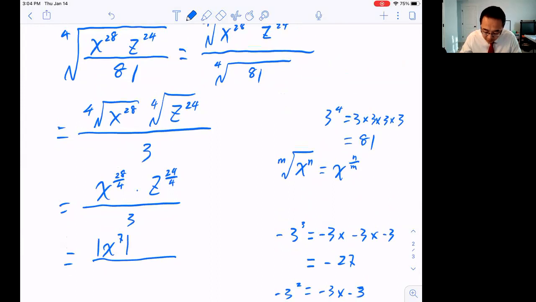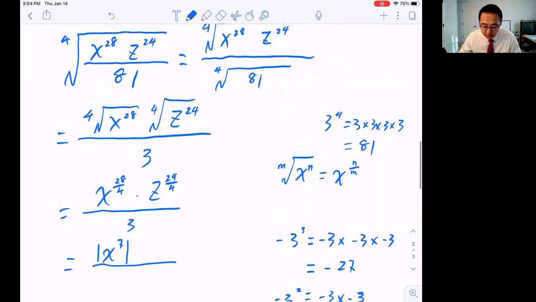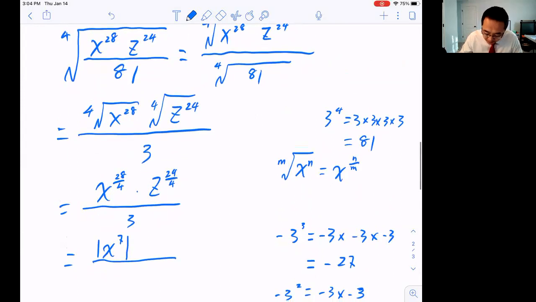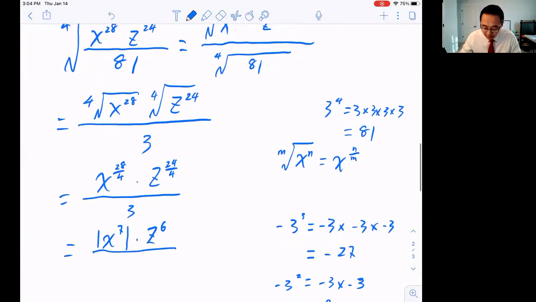To make sure you're completely accurate, you have to put an absolute value sign there to make sure it stays positive, because x raised to the 28th power in your original function has to be positive. Does that make sense? Is everybody with me? Okay, so then z to the 24 divided by 4 is z raised to the 6th power, and that is always positive, so we don't have to worry about an absolute value sign there, divided by 3.